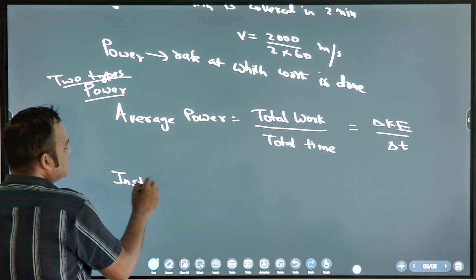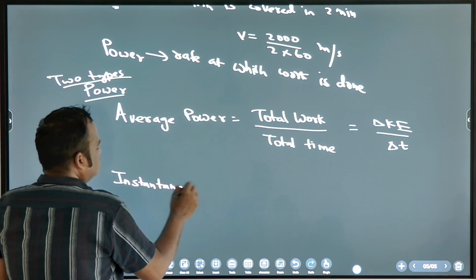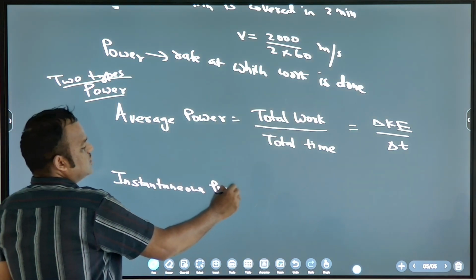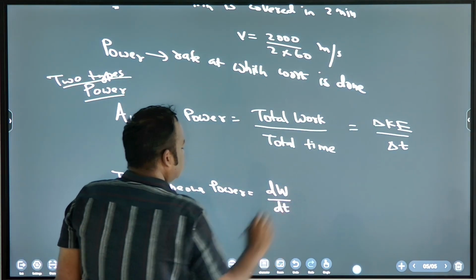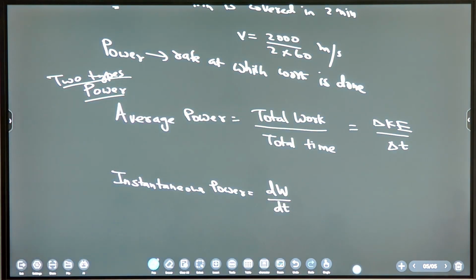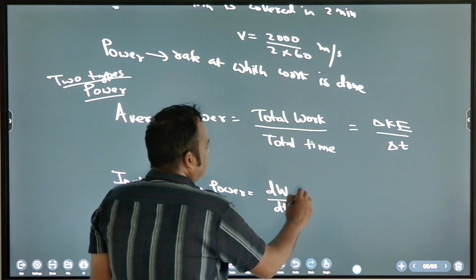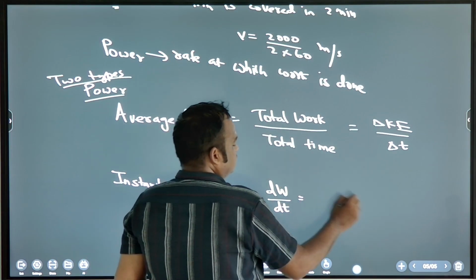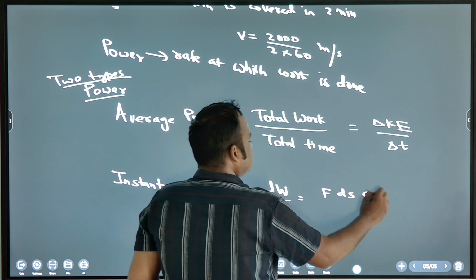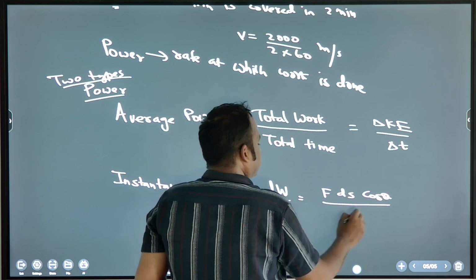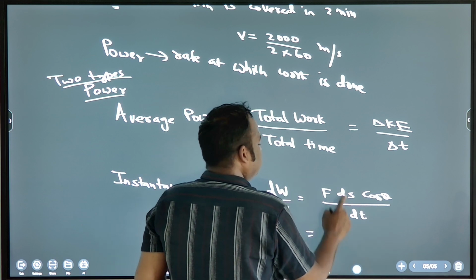And second is instantaneous power. What is the formula? dW by dt, the rate of doing work. Now dW can be written as F ds cos theta. So ds by dt will be v.